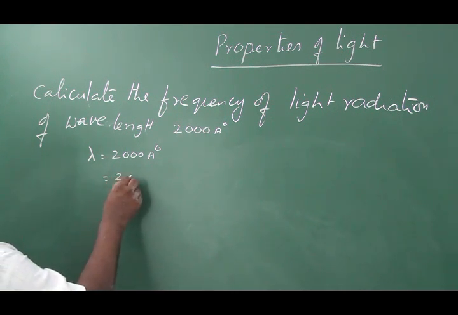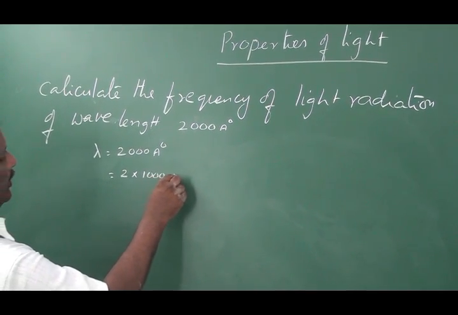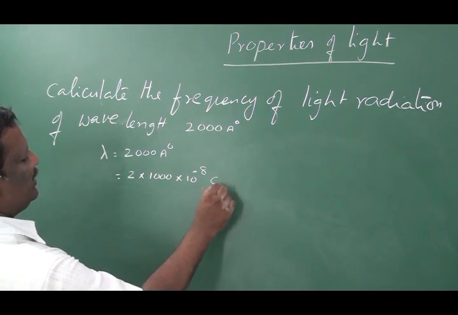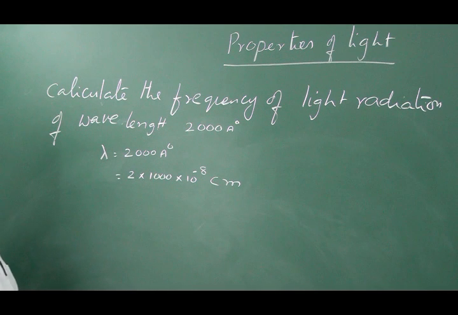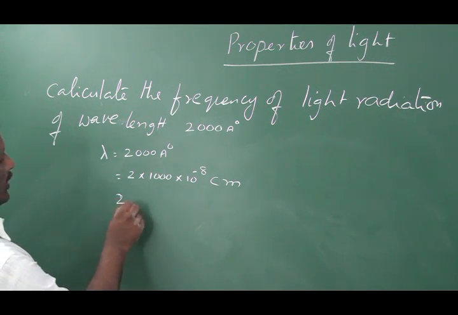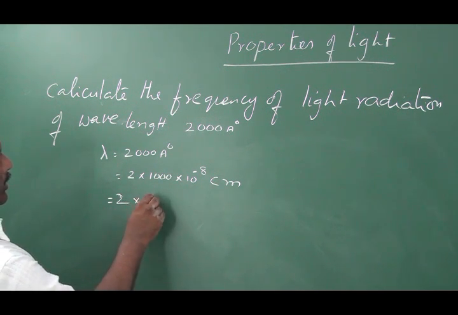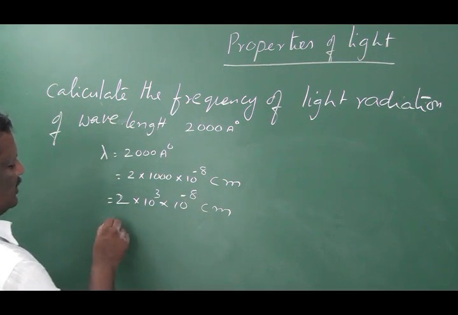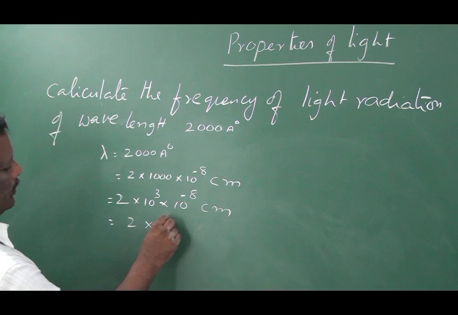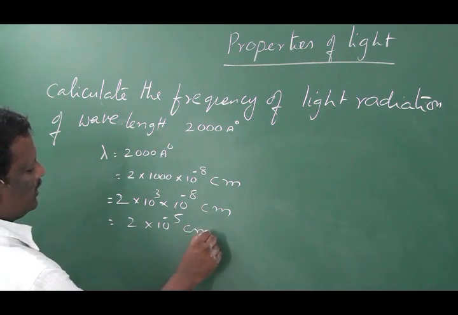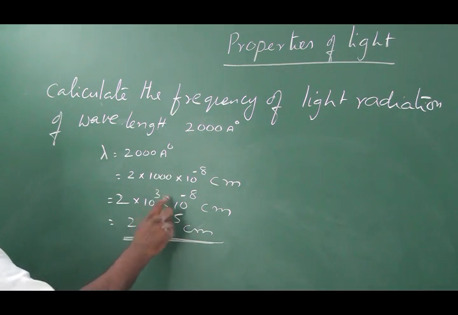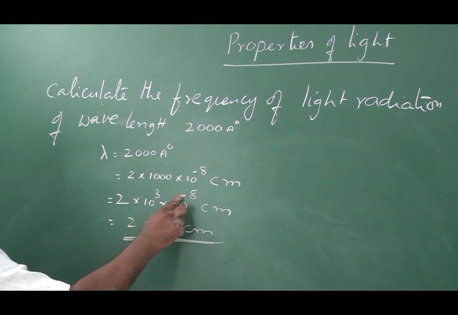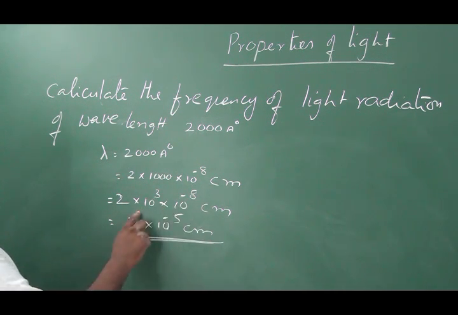Therefore, this can be written as 2 into 1000 into 10 to the power minus 8 centimeters. 1000 means 10 cube, so it is 2 into 10 cube into 10 to the power minus 8 centimeters, or 2 into 10 to the power minus 5 centimeters, because minus 8 and plus 3 gives minus 5. This is lambda.